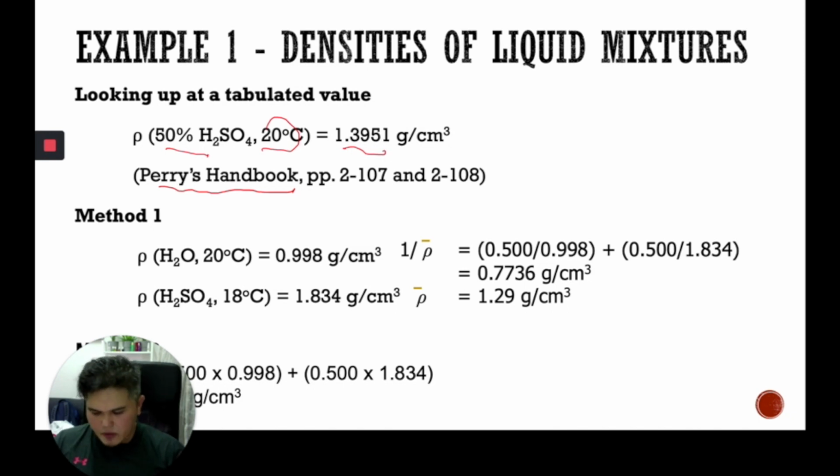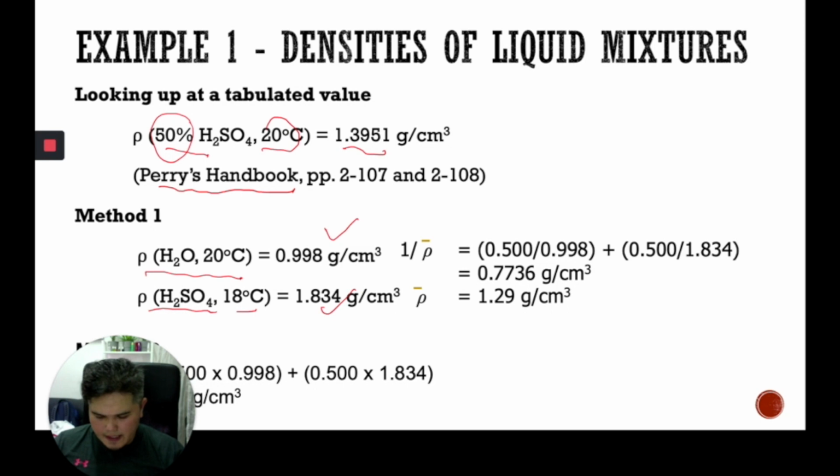But if you want to estimate it, because you cannot obtain this value, you may be given information about the density of water at 20 degrees, this is the value, and the density of sulfuric acid at 18 degrees, this is the value.